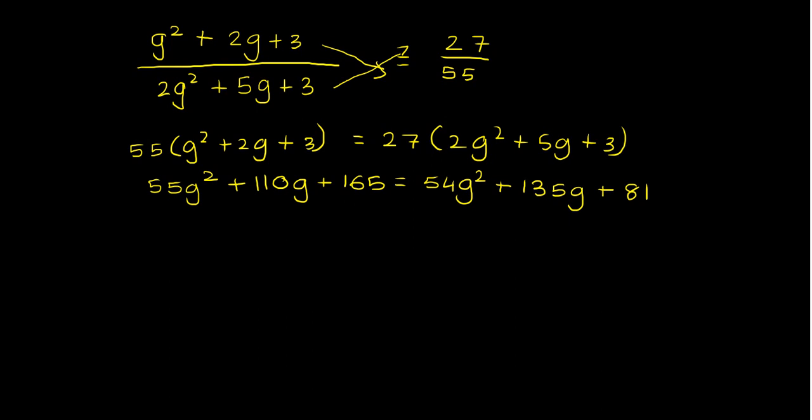Alright, so what I'm going to do now is try and get everything to one side. I look at the bigger coefficient of g squared. So I've got 55g squared or 54g squared, 55 is bigger. So I would subtract 54g squared from both sides. I want my g squared to be positive.